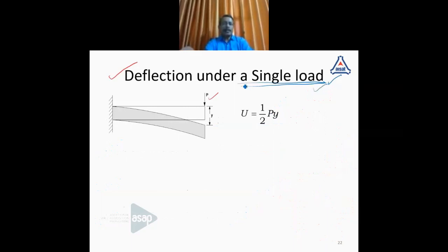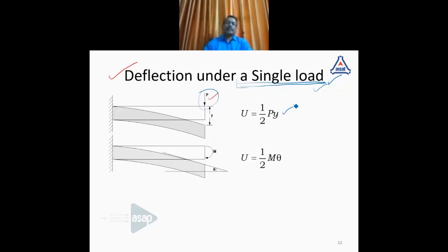We are considering only the determination of deflection using strain energy methods under a single load. Here a load of P is applied, and due to that a deflection of Y is produced, and this can be evaluated by this expression. The strain energy is equal to half of P into Y. And this is the case of a bending moment.